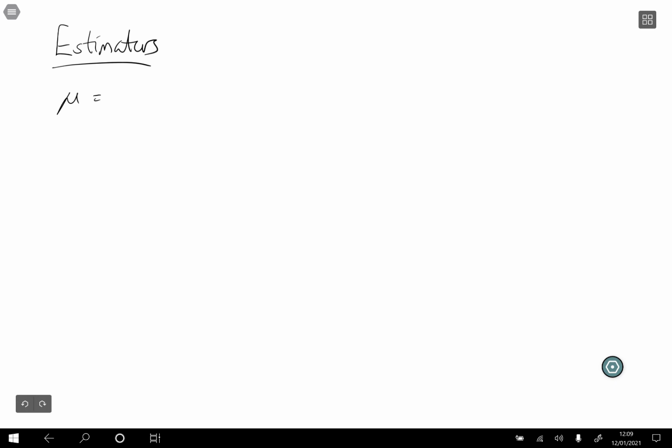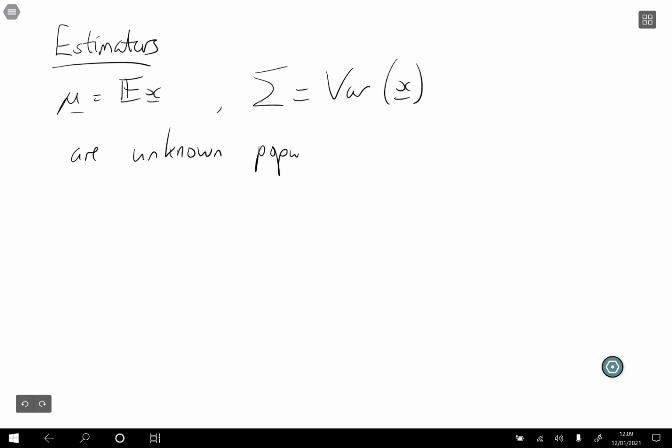So now let's consider estimators. So mu, which is the expected value of x, and sigma, which is the variance matrix of x, these are properties of the distribution of x, or parameters if you like. And typically there might be unknowns, so we might say they're unknown population quantities.